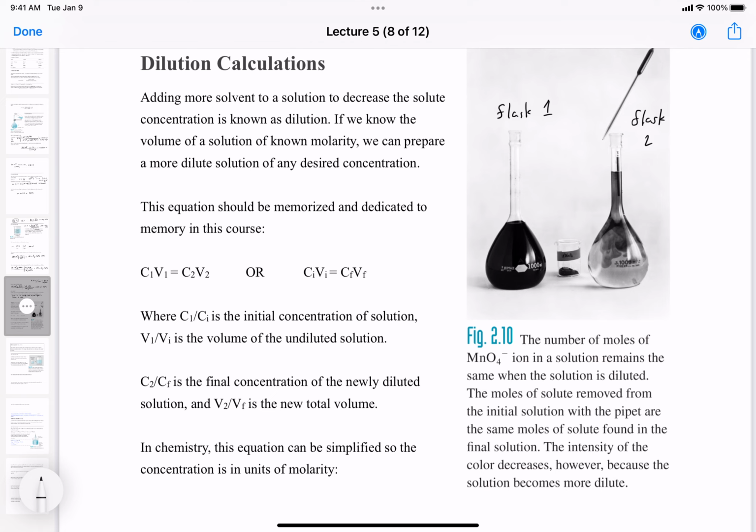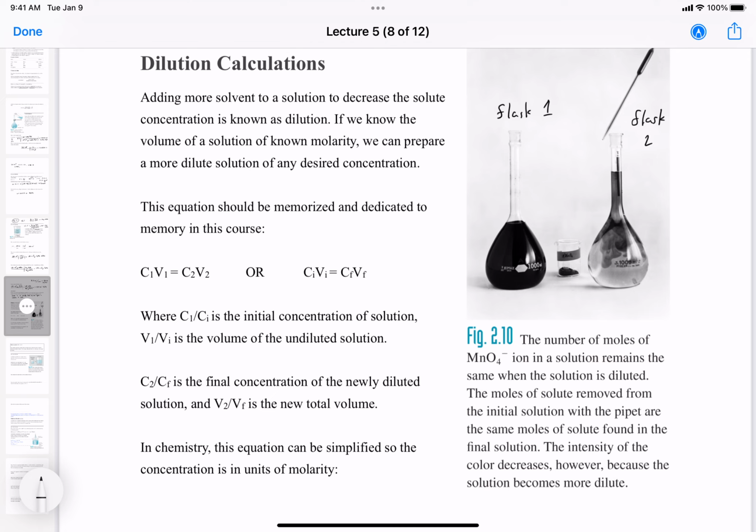We need to figure out how much volume of concentration 1 we need to take out and dilute it to a known volume V2 to get our new concentration C2. So that's how you use these equations, but we'll go over that in some examples, okay?